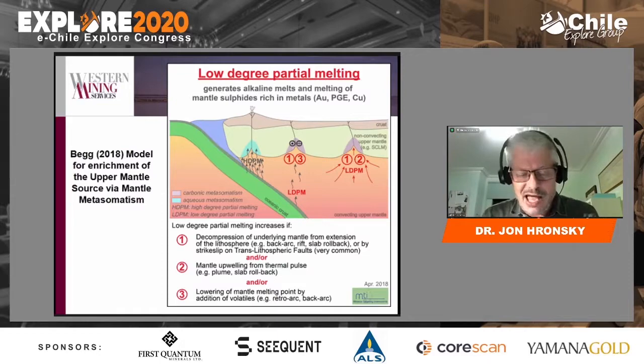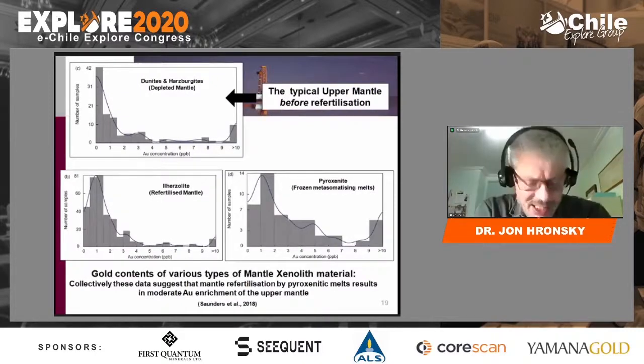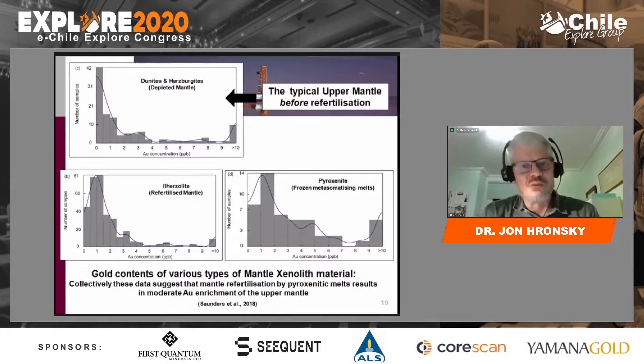It's a depleted harzburgite, but then progressively over time, it tends to get refertilized by these various processes that I'm showing you in this slide. So if we look at a study summarizing the gold contents of various types of mafic xenolithic material, it shows us the point that the typical upper mantle before refertilization has a composition of dunite and harzburgite.